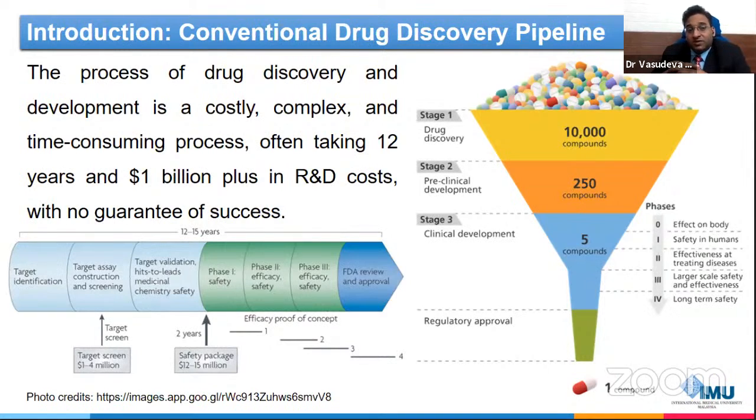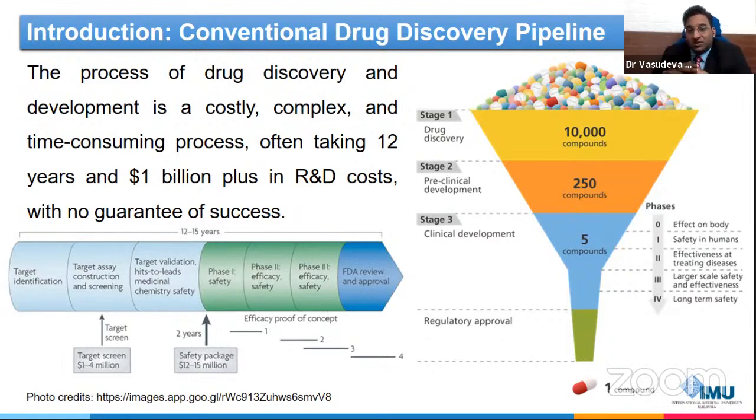In the conventional process of drug discovery, we need to go through several stages, which include drug discovery, preclinical and clinical development, and regulatory processes. Among these stages, it is not an overnight process. It may take 12 years and over 1 billion in research and development cost to get one molecule into the market.